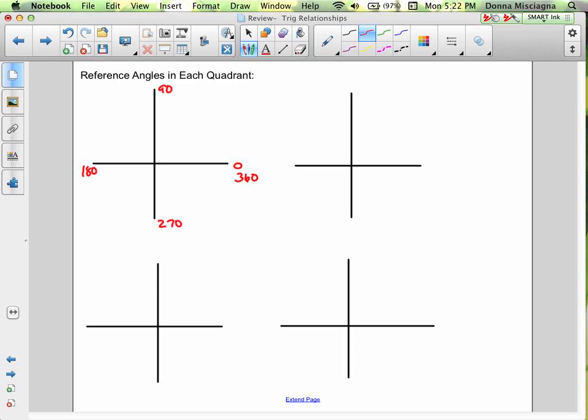80 degrees is in the first quadrant. It's not quite 90 degrees. This 80-degree angle is the reference angle. So here, our principal angle is 80 degrees and the reference angle is also 80 degrees.